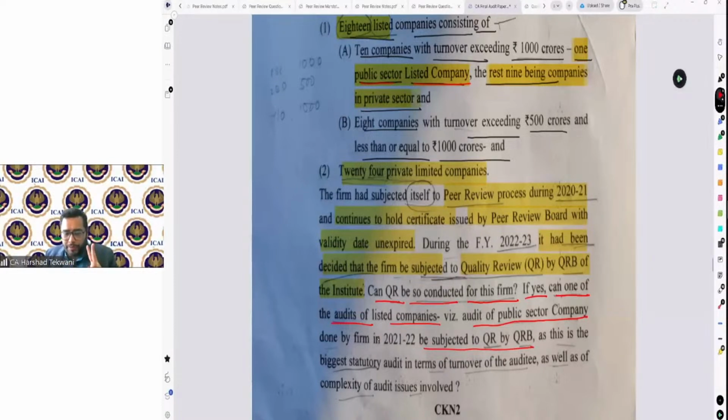Okay, so two questions. One, can I conduct quality review of this firm? Number two, can I cover this listed entity in my quality review?